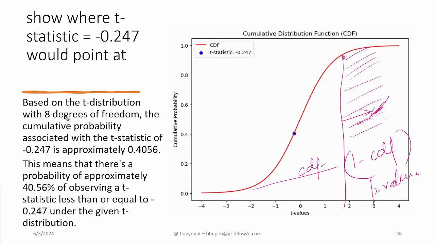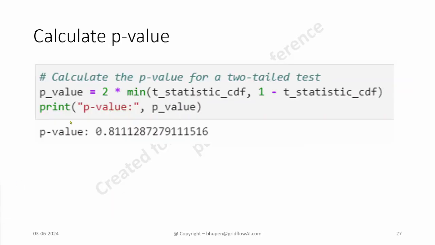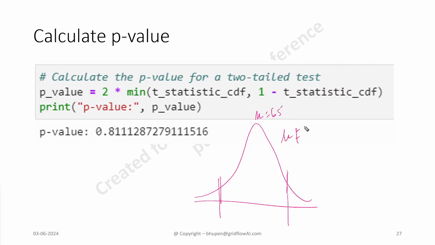That's the intuition behind the p-value computed from a t-statistic. Now, in the case of the t-test, the p-value is simply 1 minus the CDF of the t-statistic that we have computed, and then we multiply by 2 because this is a two-tail test. Let's say we are talking about the mean being 65, and your t-statistic is saying the mean is not equal to 65.